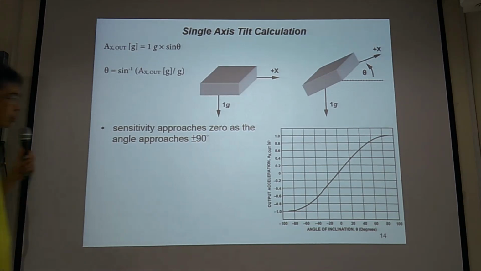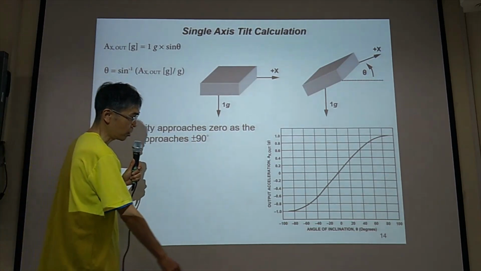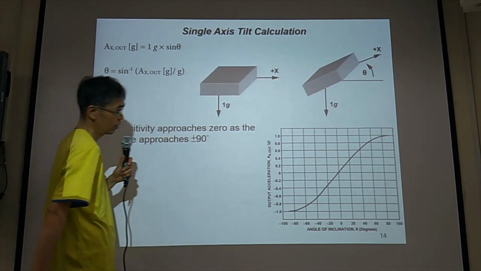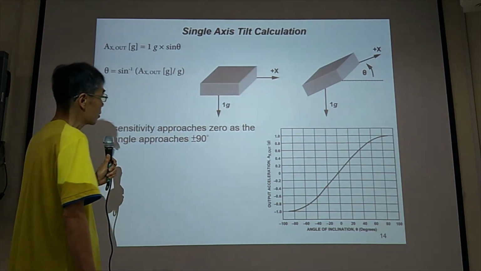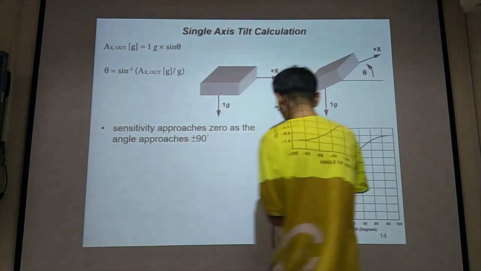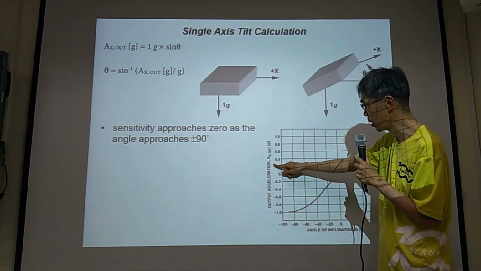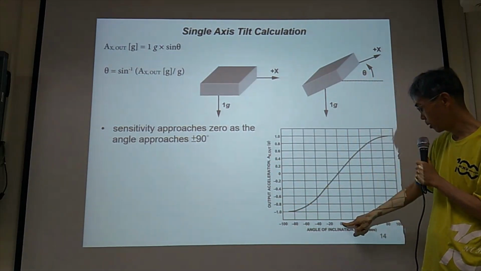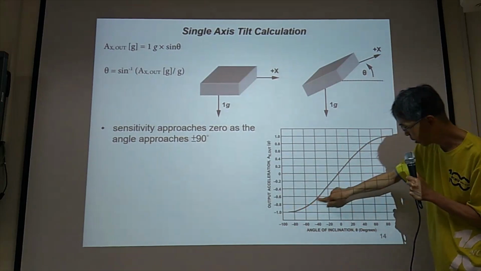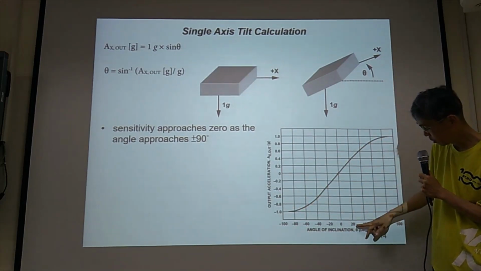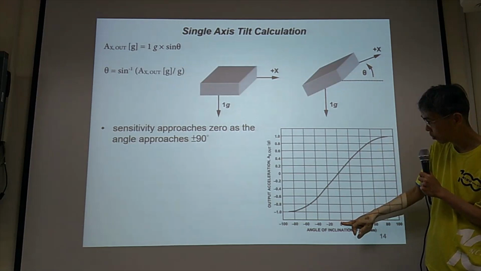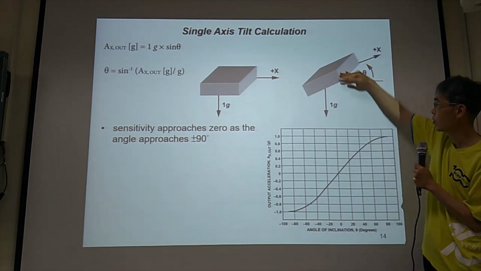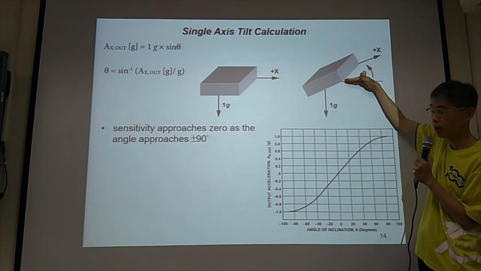Okay, so now let's look at this figure. The x-coordinate represents angle theta. The y-coordinate represents the output acceleration, AX out. If theta is 0, then the output is 0, because with theta 0 the output in this direction is 0.